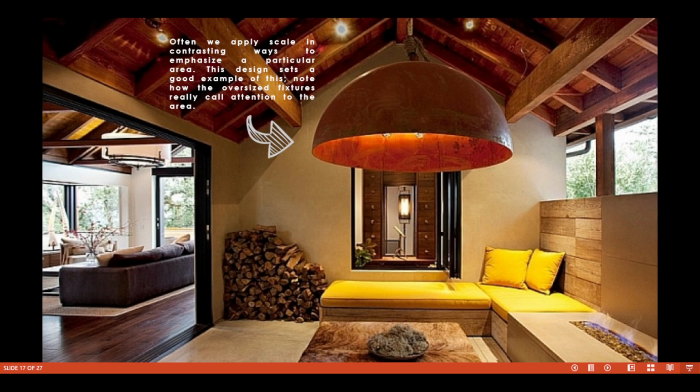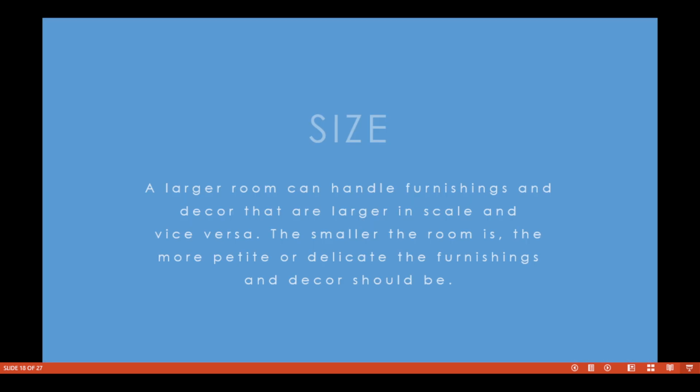Now the designer is trying to emphasize the yellow bed, and the light has been used in such a way that it automatically enhances the area. Using an oversized, upscaled version of a hanging light creates a very quirky impact.